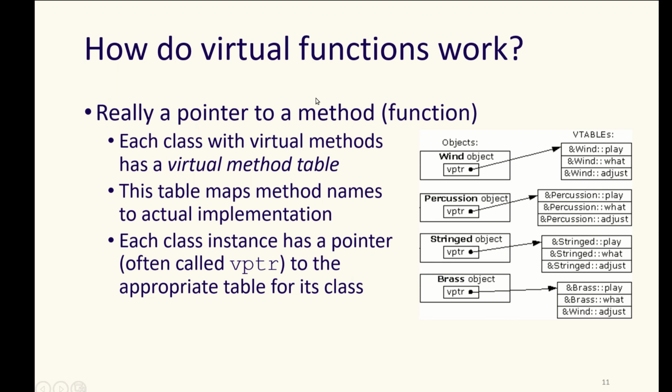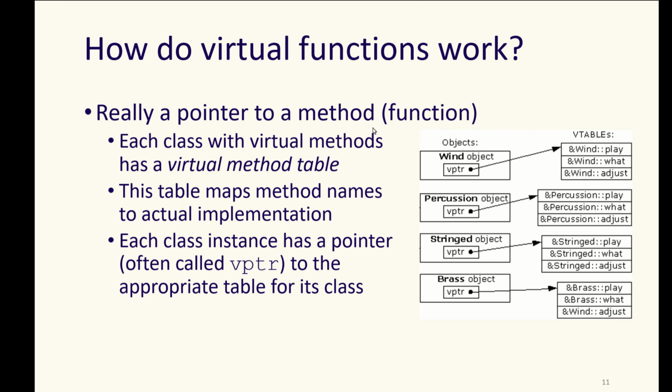And so that gives us basically what's like a pointer to the method, so that the animal foods function is allowed to point to the foods function for whichever specific type it's holding right now, a mammal or a bird or whatever.